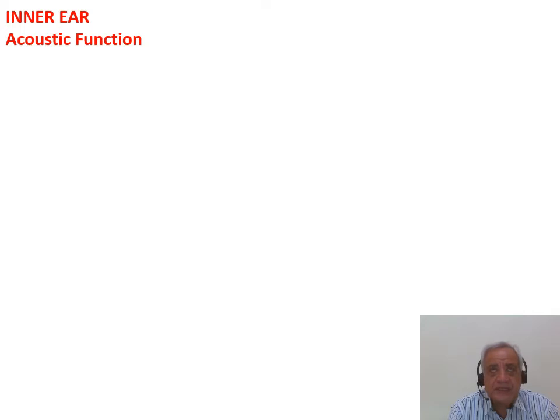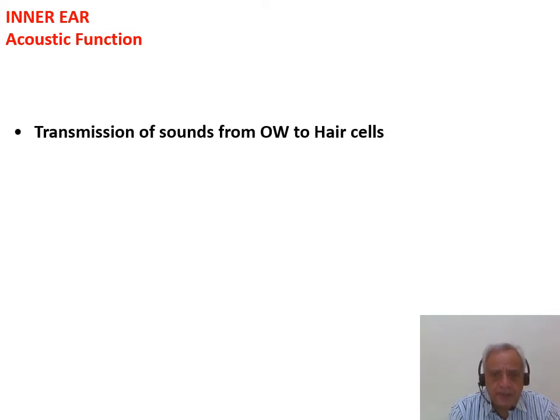We have discussed the function of the external ear, and we said that the main function is collection and localization of sound. The middle ear's main function is to magnify sound by the mechanism we have described. And now we come to the most important one, the most critical one, which is the inner ear.